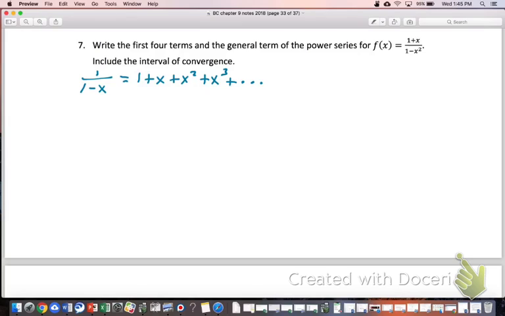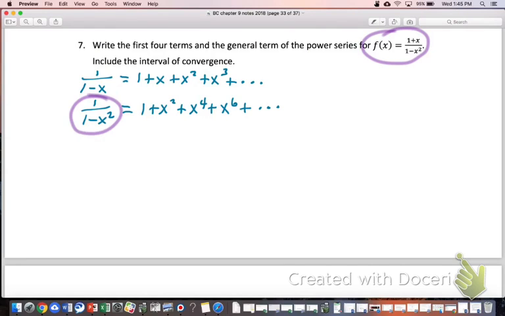If I write this out, 1 over 1 minus x squared would have a power series of 1 plus x squared plus x to the 4th plus x to the 6th. I just replaced all of my x's with x squareds. So that's gotten me there, but then how is my goal still different from that?